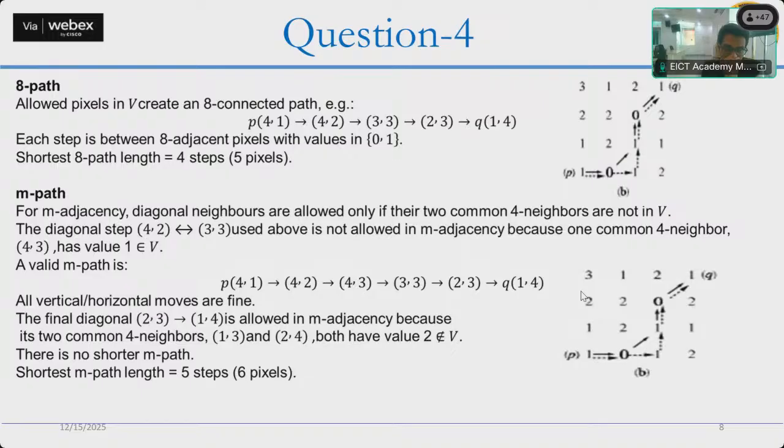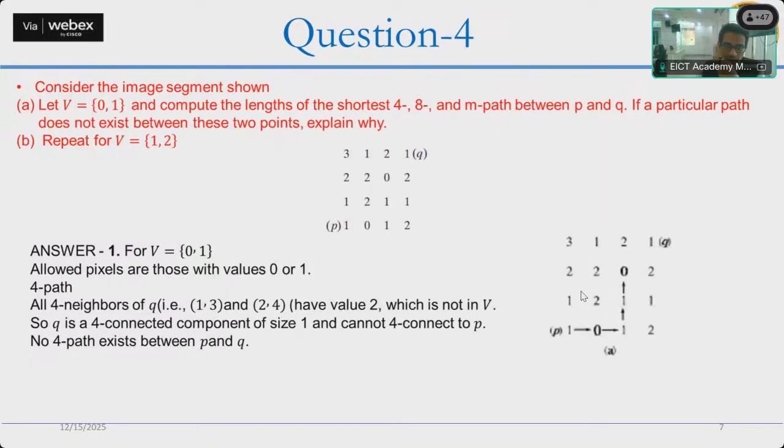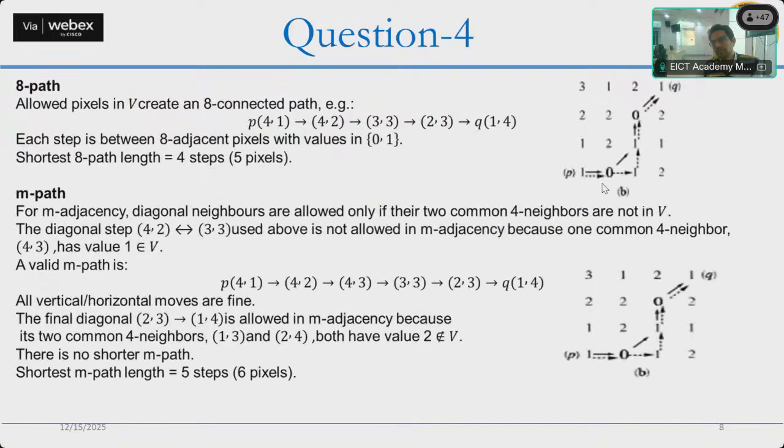The 5-path is not wrong, but when the question asks you to find the shortest path, then I can go from 0 to 1 in this way, which has been shown here.